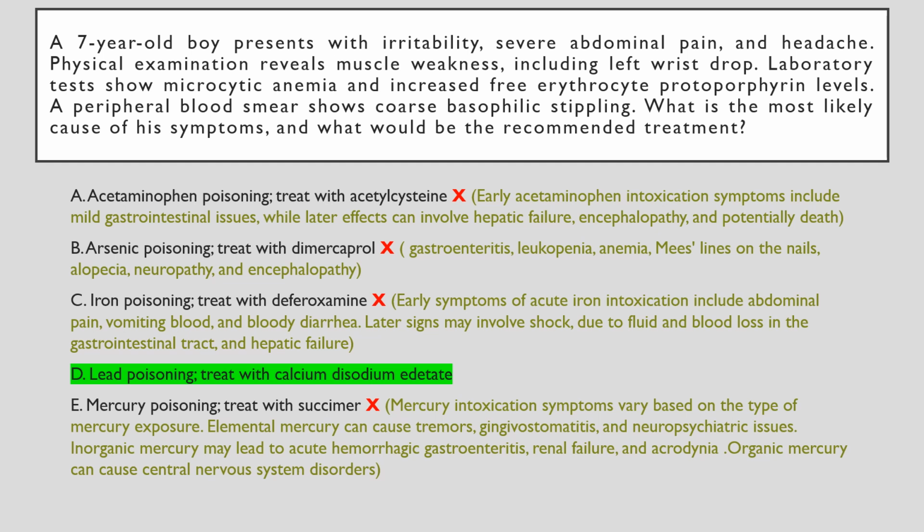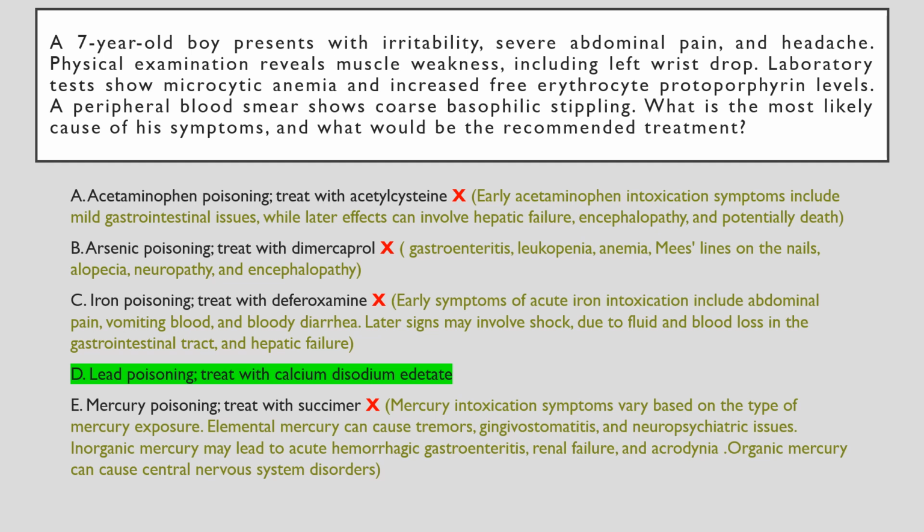Option E is incorrect, as manifestations associated with mercury intoxication vary depending on the form of mercury to which the patient is exposed. Intoxication with elemental mercury may cause tremor, gingivostomatitis, and neuropsychiatric disturbances such as fatigue, memory loss, shyness, depression, and irritability.